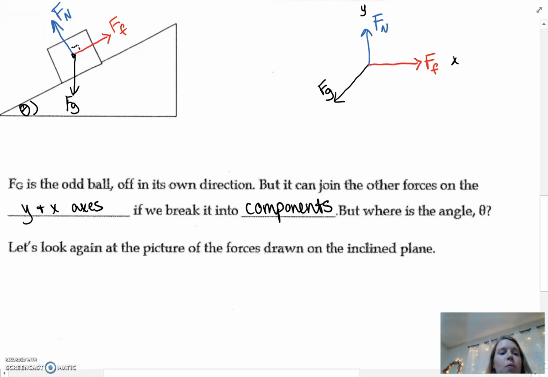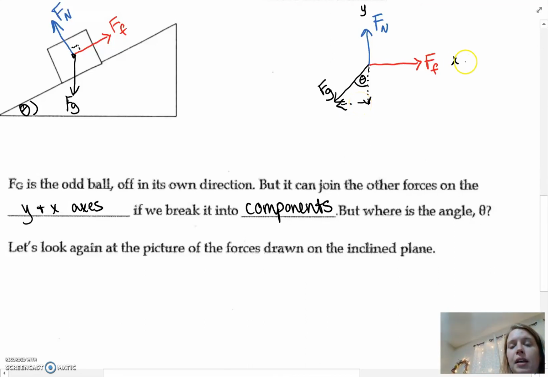But we need to figure out where this angle theta shows up in this diagram. I'm going to prove to you that angle theta is actually this angle. Eventually we're going to need this part of the force of gravity and this part of the force of gravity.